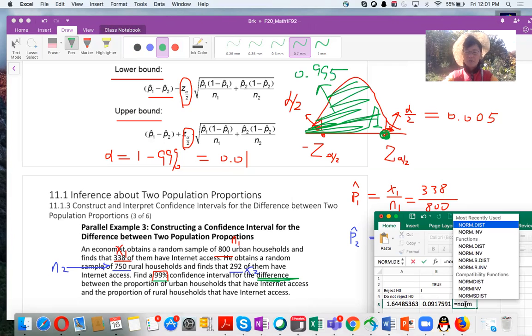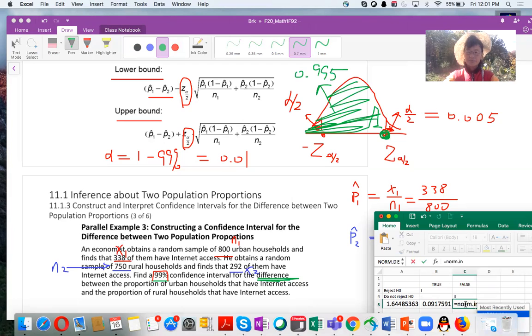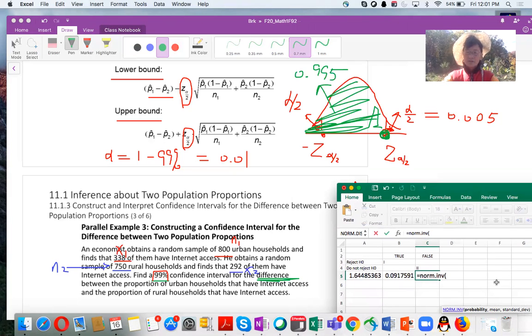So NORM.INV, INV means critical value, so probability 0.995, mean is 0, standard deviation is 1. And you get 2.576.